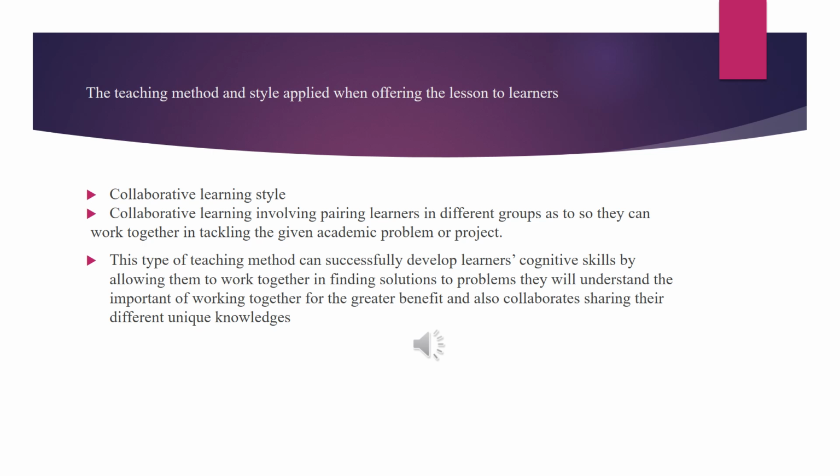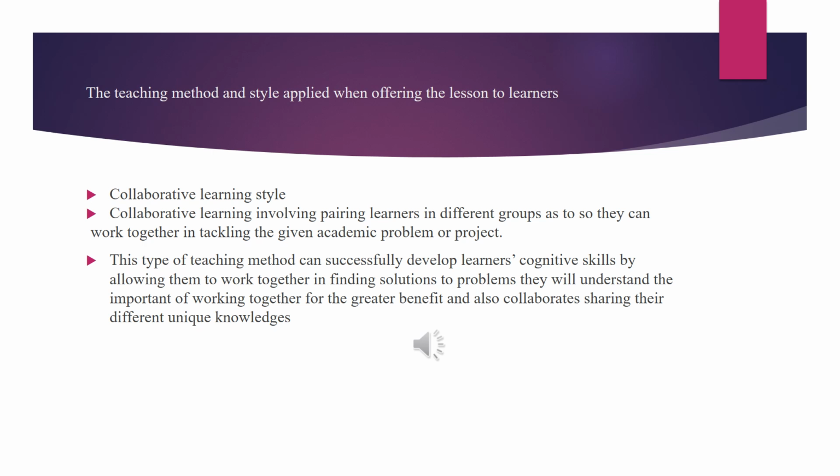Now, on teaching method and style applied when offering the lesson to learners. Let's start with bullet number one, collaborative learning style. Collaborative learning involves pairing learners in different groups so they can work together in tackling the given academic problem or projects.